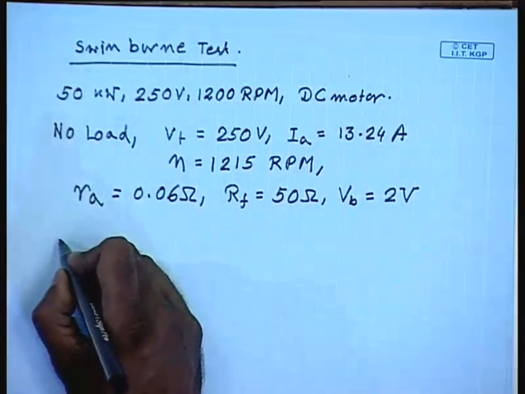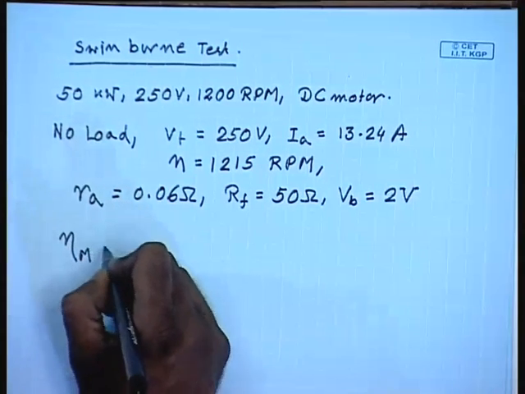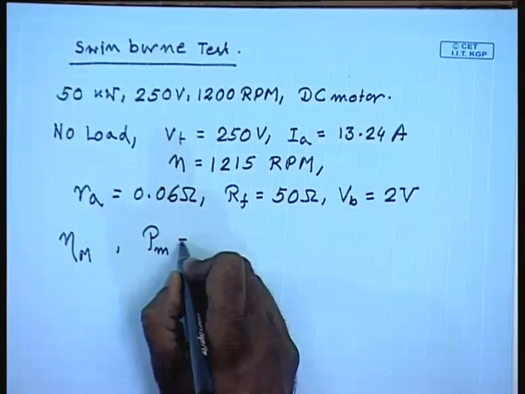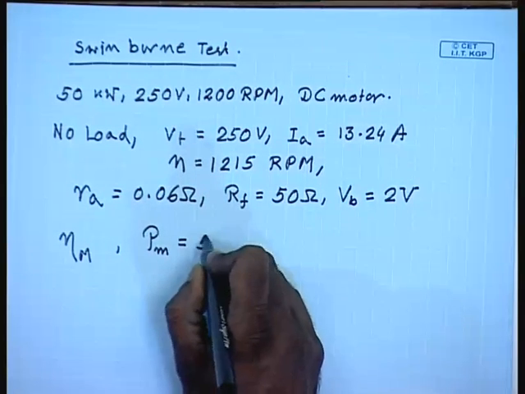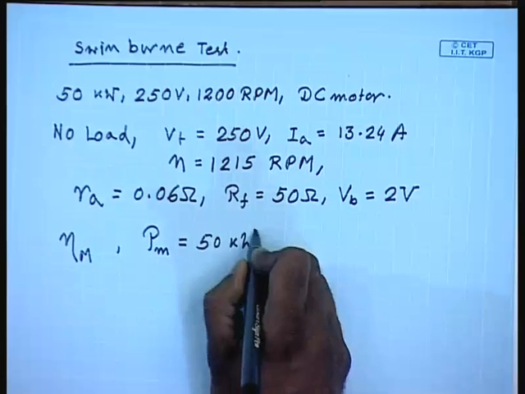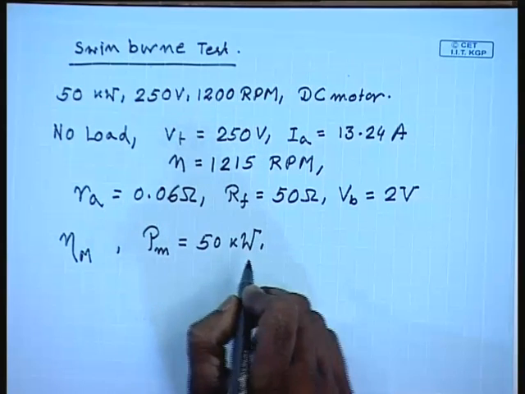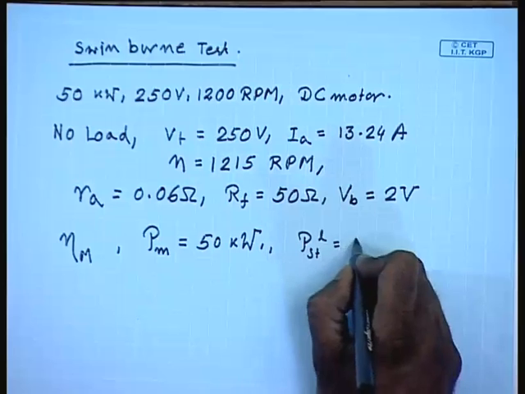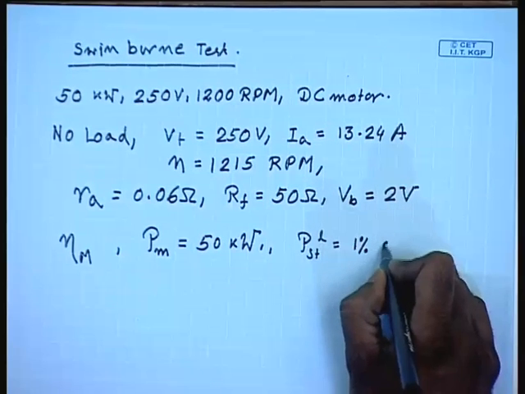So, what will be the efficiency of this motor for a shaft output of 50 kilowatt? Assume that the stray load losses is 1% of output.